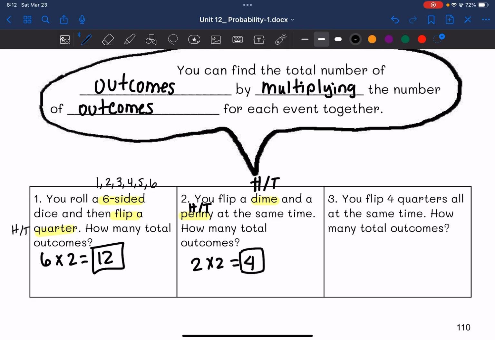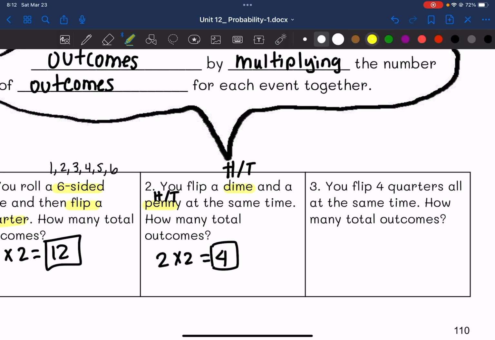And the last one, you flip 4 quarters all at the same time, how many total outcomes? Quarter 1, that's 2, because again, remember, it's heads or tails. Quarter 2, that's 2.